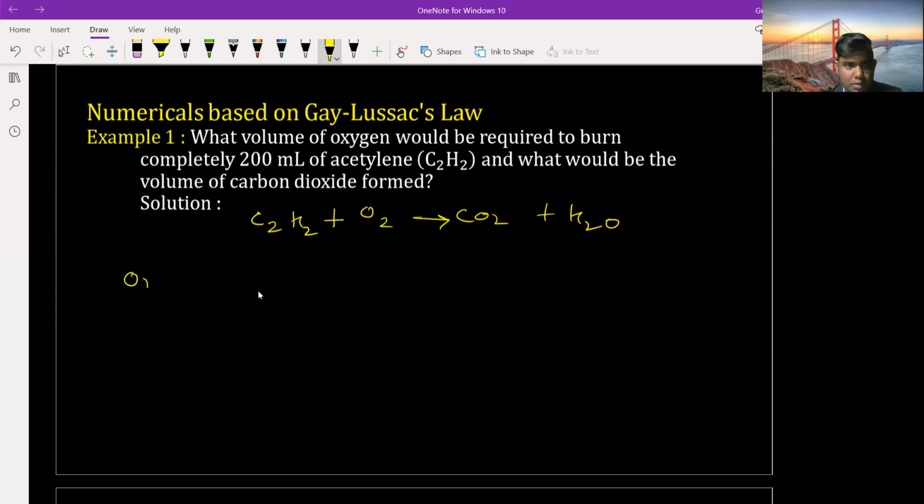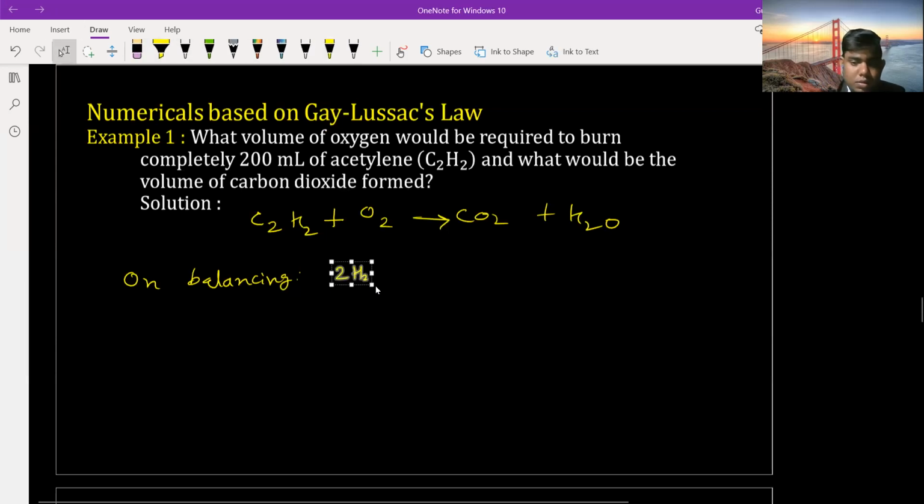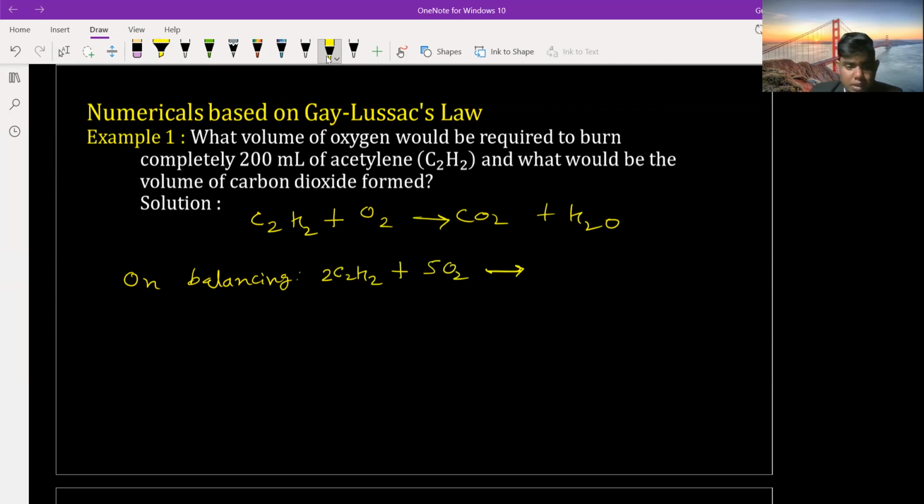So on balancing, 2C2H2 plus 5O2 gives 4CO2 plus 2H2O.